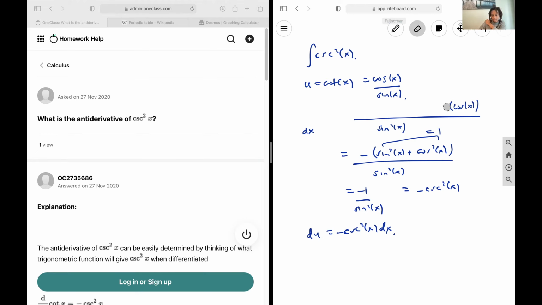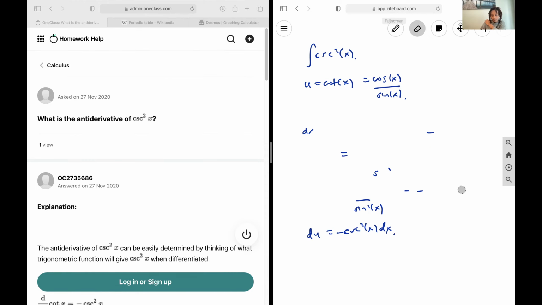And so we can just write that. And you'll notice that the reason why I made this substitution was intentional. So let's just write out negative cosecant squared x dx. So that means that dx is equal to du over negative cosecant squared x.